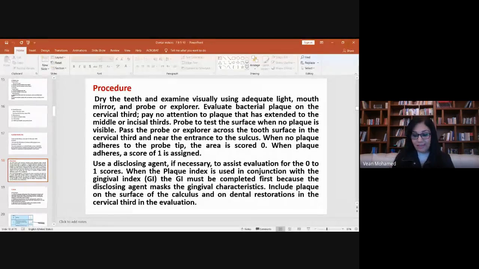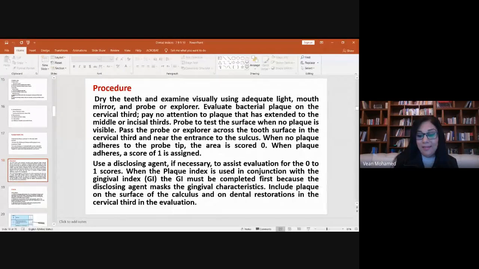A disclosing agent is any colored material that is gargled in the mouth. Ask the patient to gargle, then spit out. Then when he opens his mouth, we can see the plaque colored very darkly, darker than the normal teeth. This will help us to know if there is plaque or not.